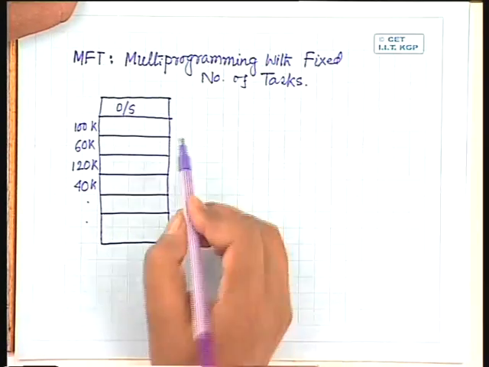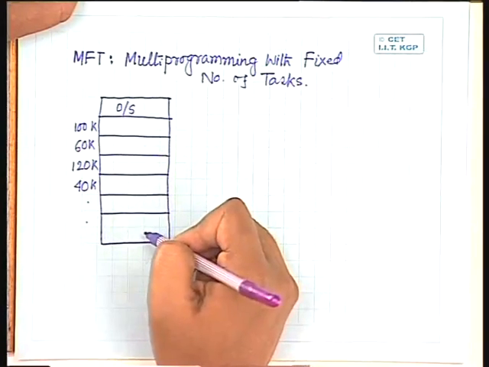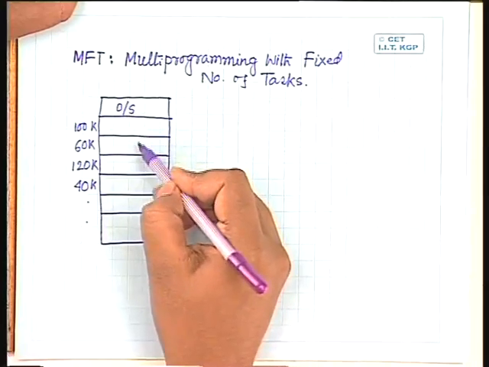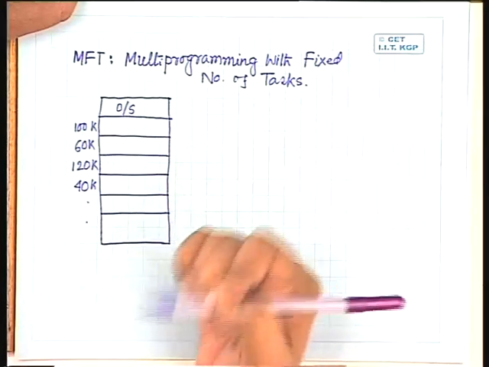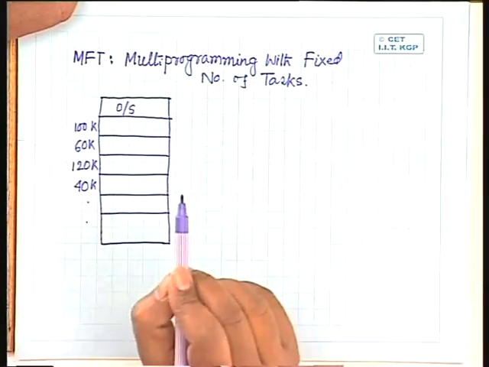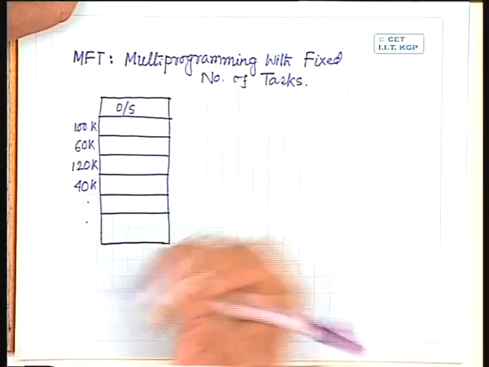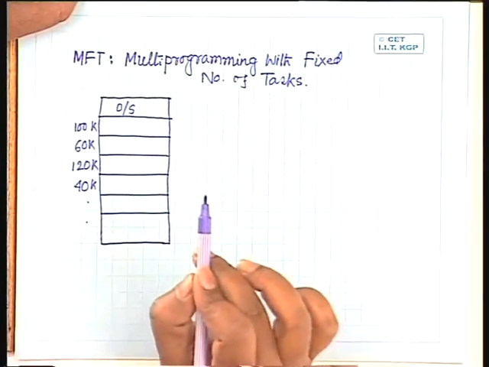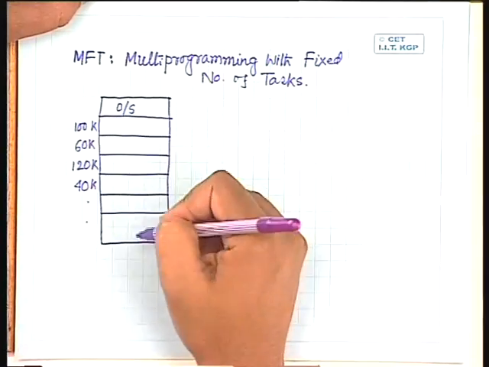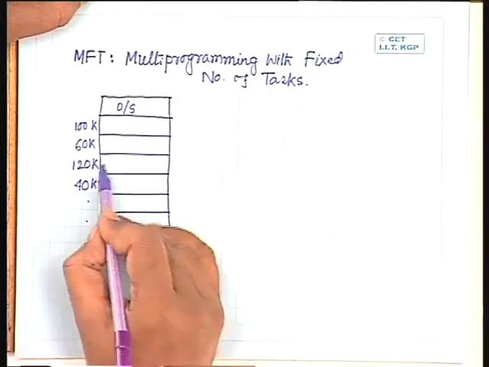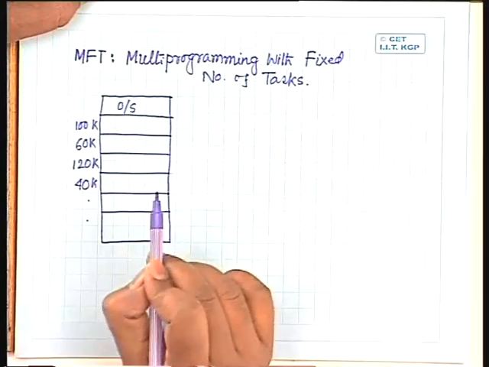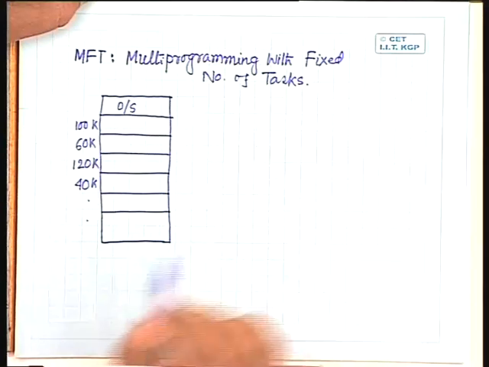In that case, that job has to be put in one of these partitions. So I have to look for, out of all these partitions in the main memory, which partition is free. That means which partition does not contain some other process already. So this new job I can put in a free partition, provided the size of the partition is more than or equal to the size required by the job.